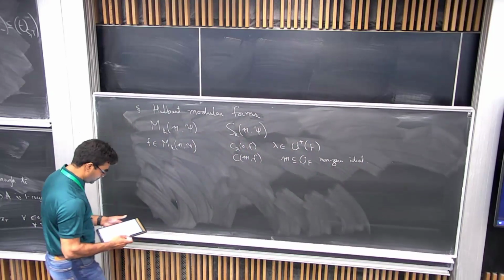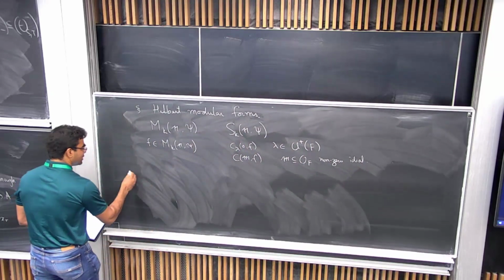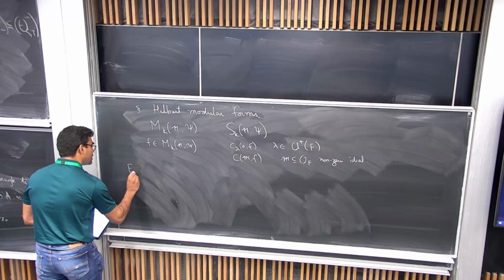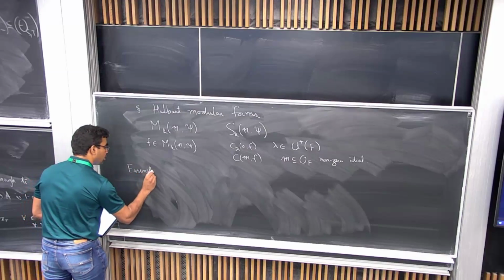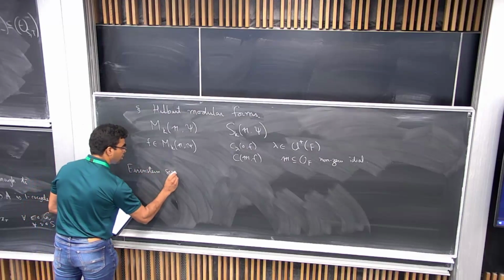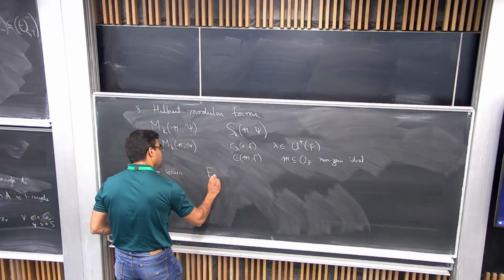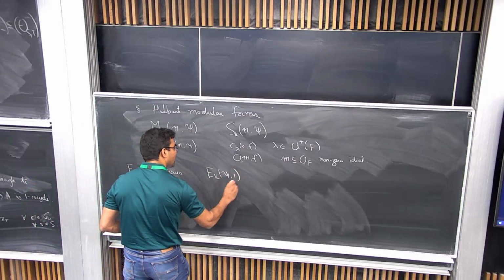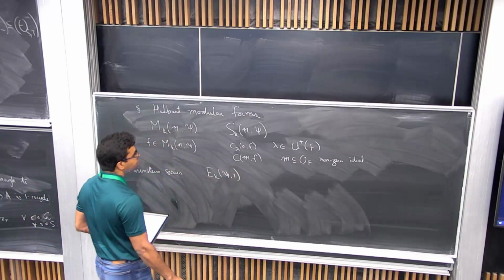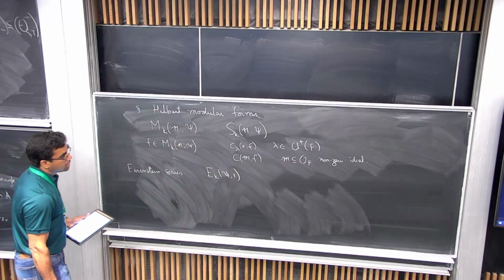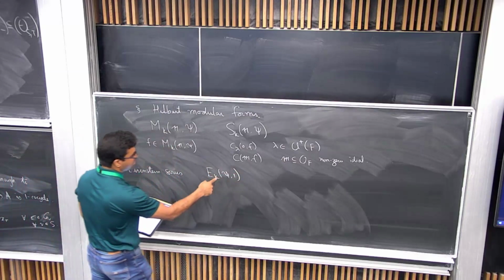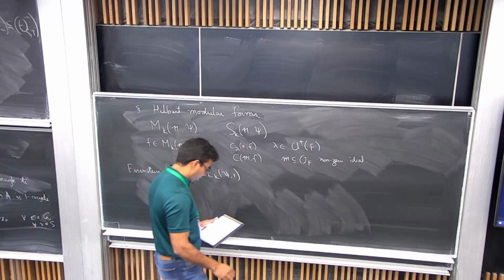So here's the Eisenstein series that we are going to use. I'll denote it by E_k(psi, 1). Psi is a character of G with the same parity as k. These are all parallel weight.